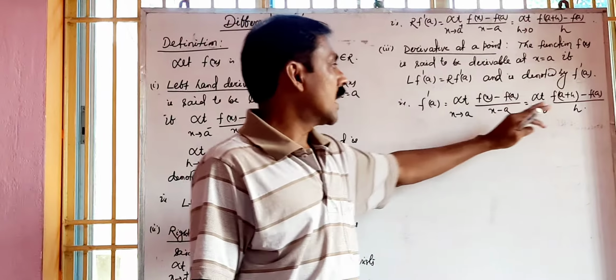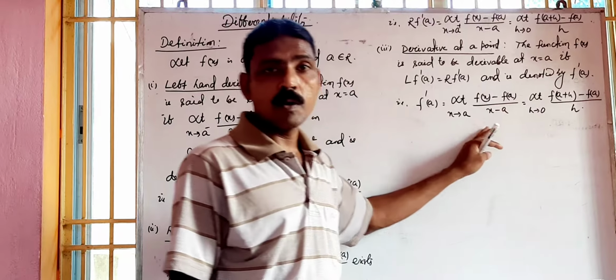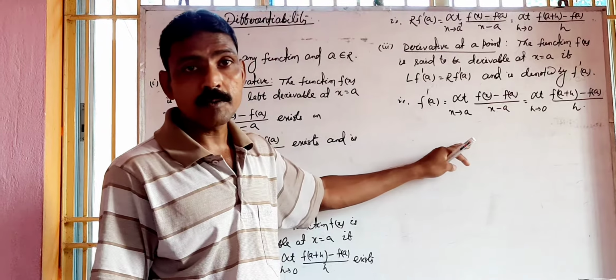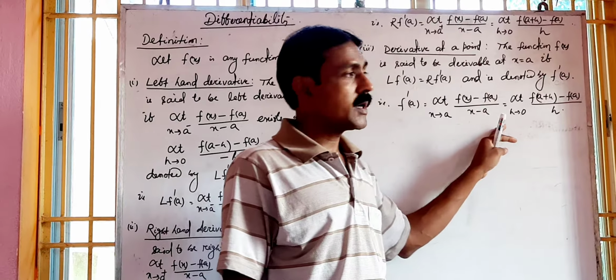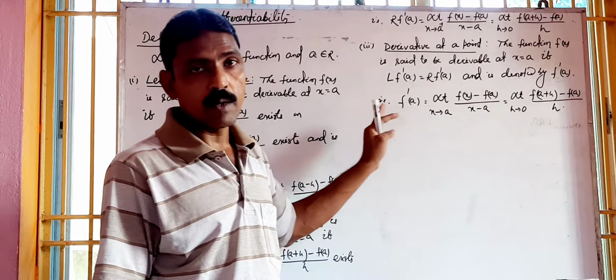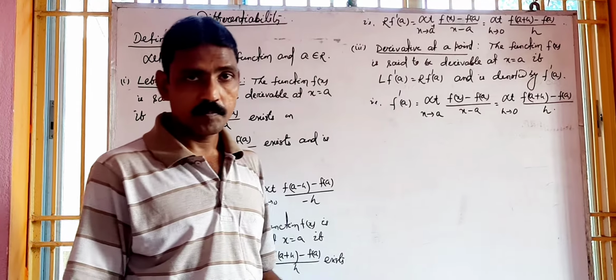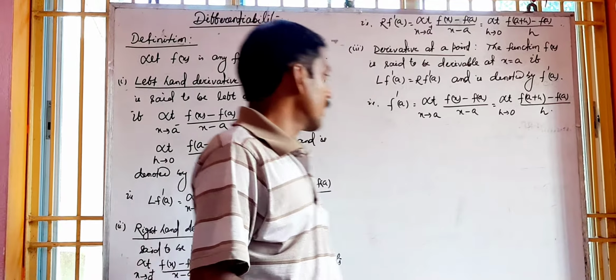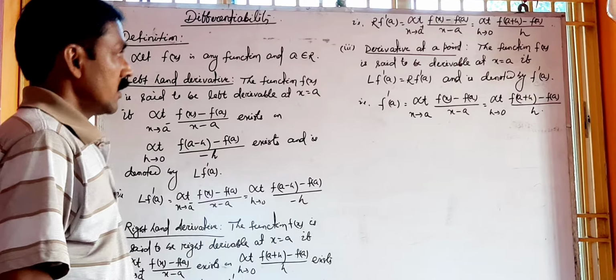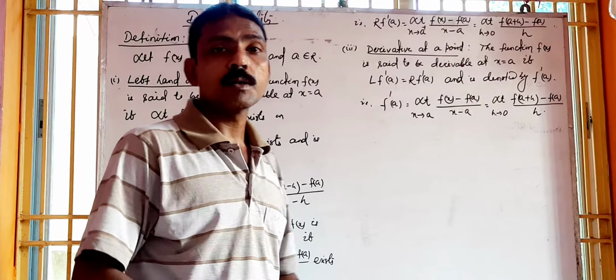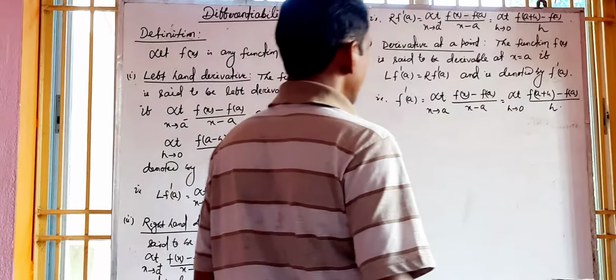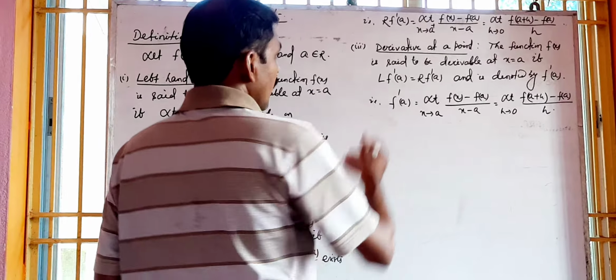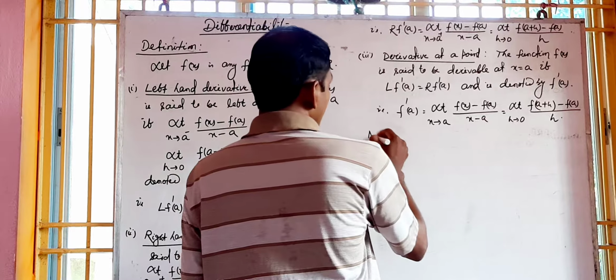This method of evaluation of derivative is known as derivative by first principle. We have already learned it in class 11, so this is just a review. Clear? Now we will discuss the relation between continuity and differentiability. And here you can write one note.